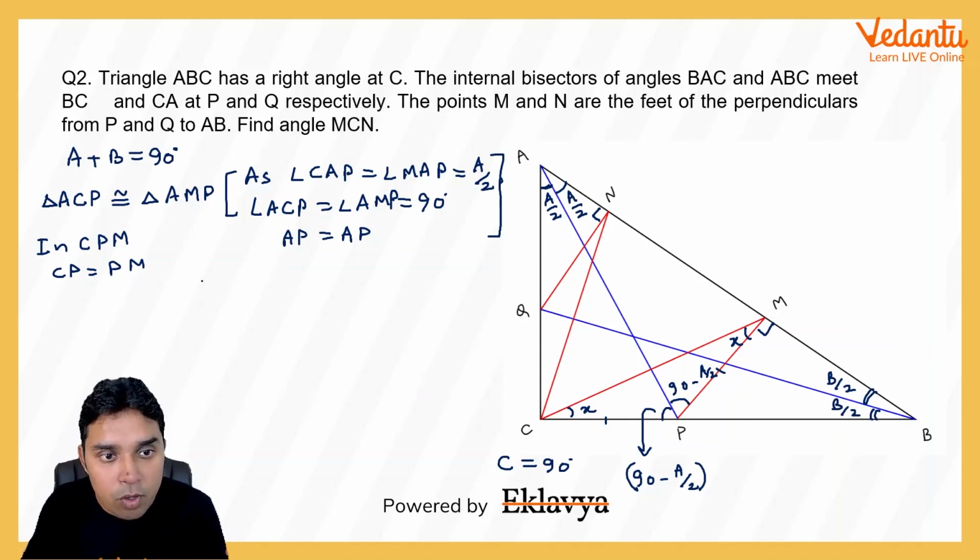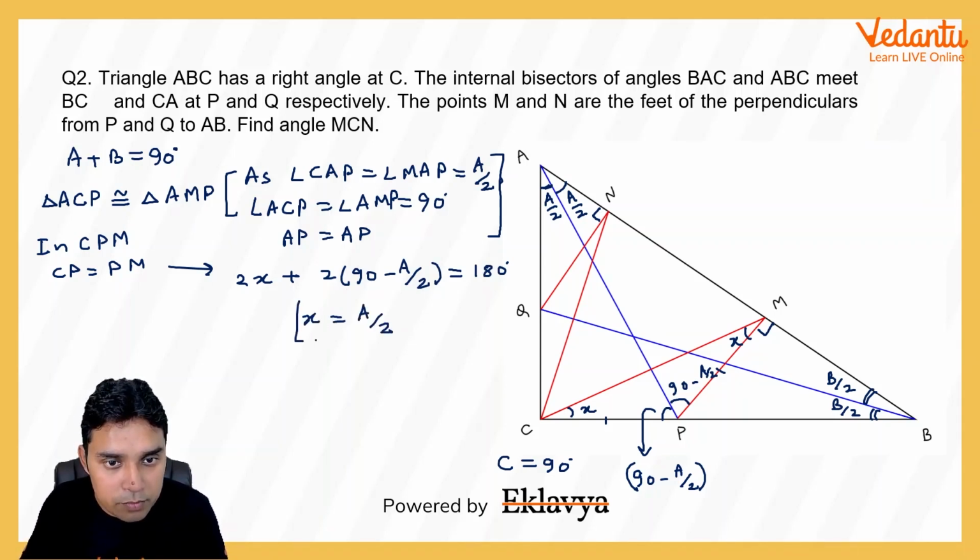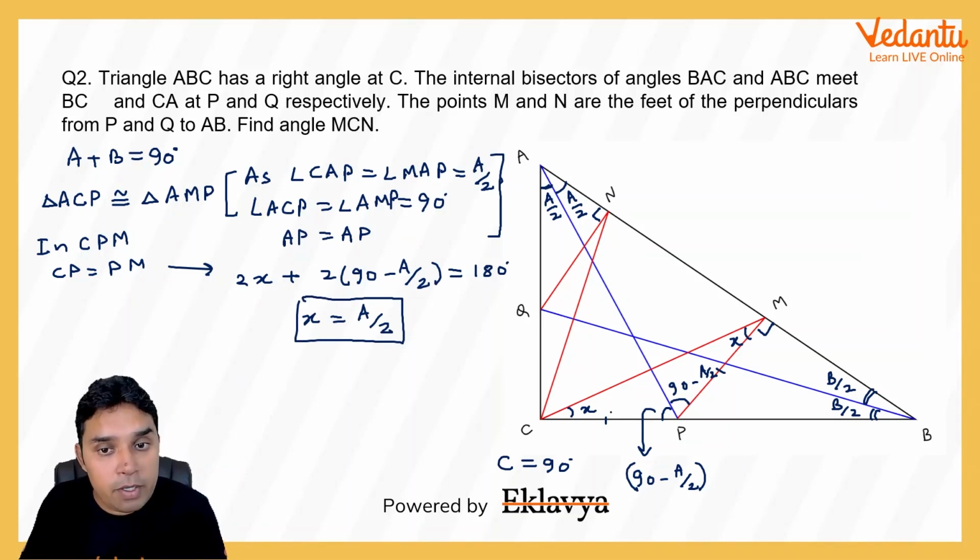So the sum of two angles, x plus x, 2x, and the angle at P, which will be 90 minus A by 2, 2 times, 2 times (90 minus A by 2), will be equal to 180 degrees, again by the angle sum property. So 180 gets cancelled and we are getting x equal to A by 2. Okay, so x is A by 2. I hope that is clear.